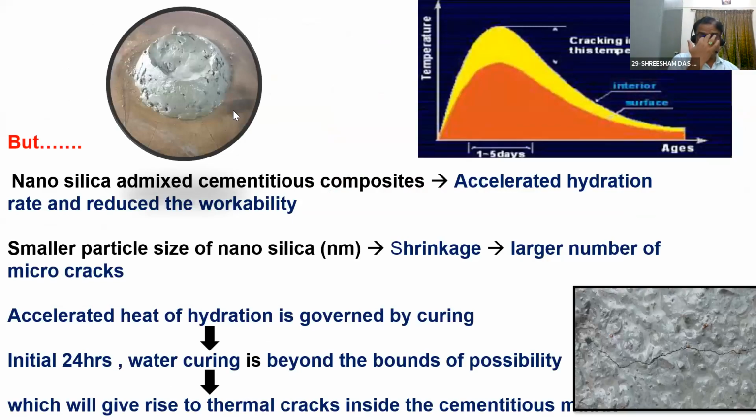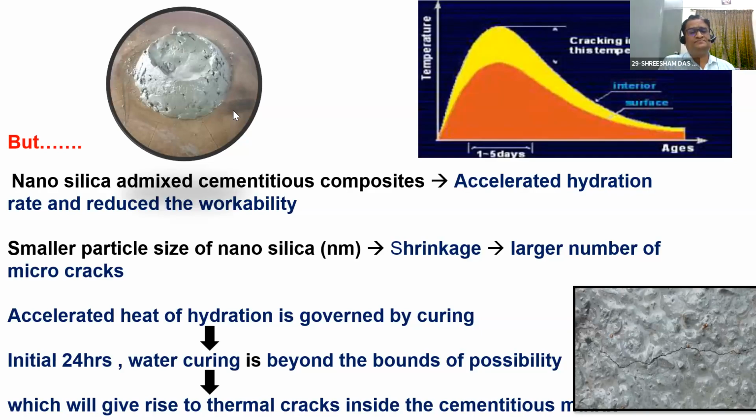But what is the challenge here? The challenge is that when you deal with nanoscale particle size material, it accelerates the hydration rate and reduces the workability. Smaller particles such as nanosilica also produce shrinkage, that is a large number of microcracks, and the accelerated heat of hydration is governed by the curing.